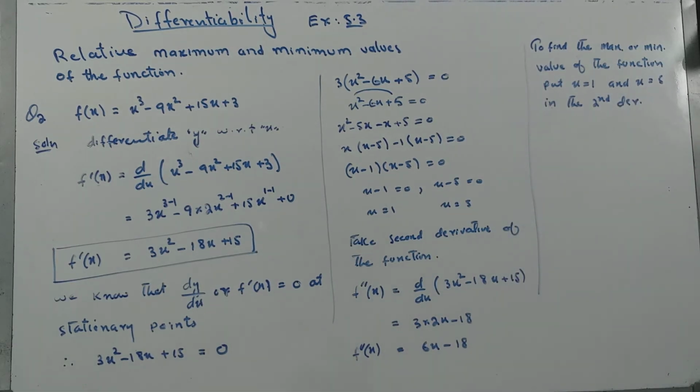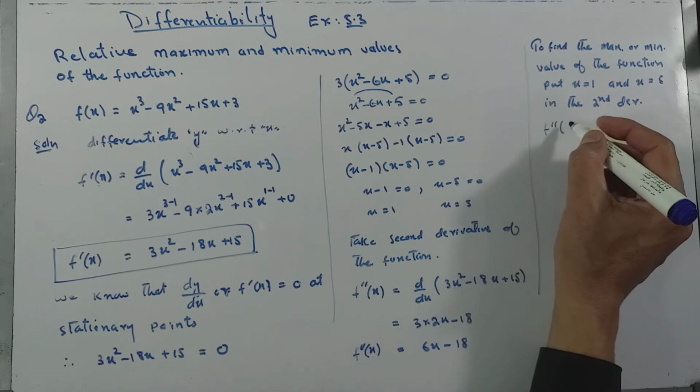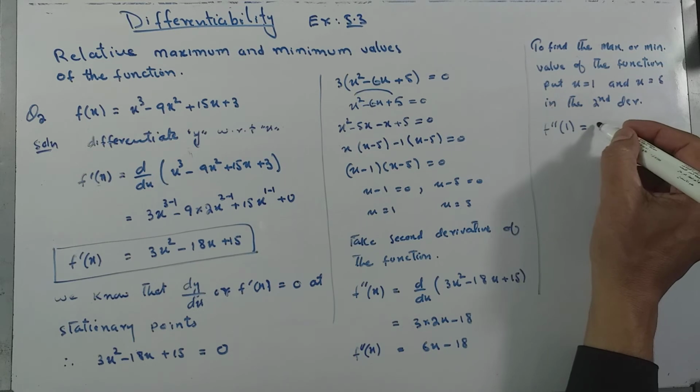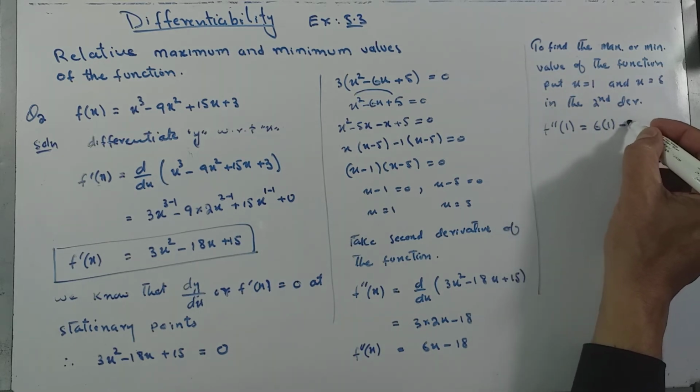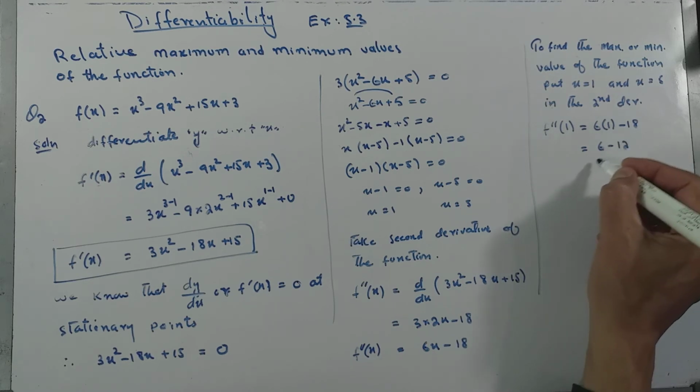So if we put the value of x is equal to 1 in the second derivative, you get 6 into 1 minus 18. 6 ones are 6, minus 18, you get minus 12.